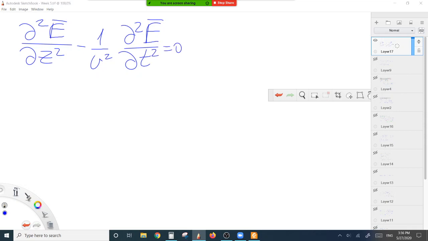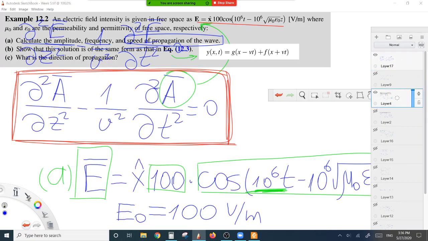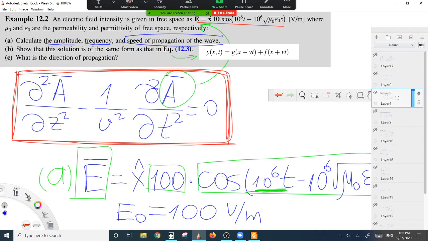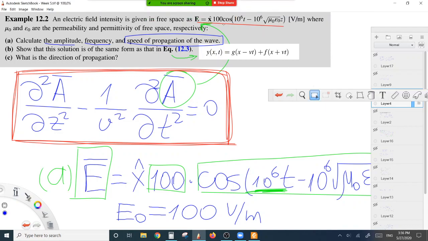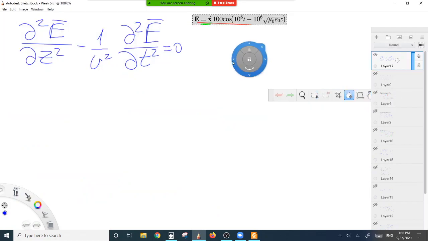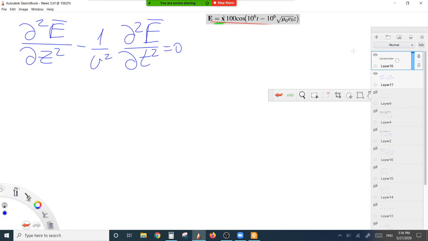So for the sake of simplicity, let me copy the electric field to the page of our problem. Okay, let me put it here. Great. Now let us compute this, the second derivative of the electric field with respect to z.